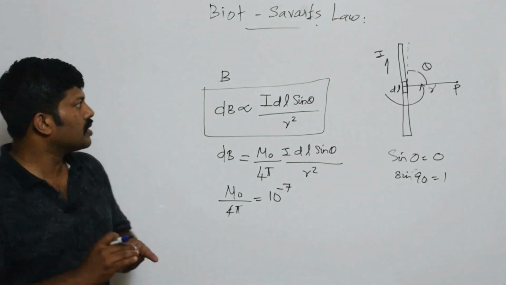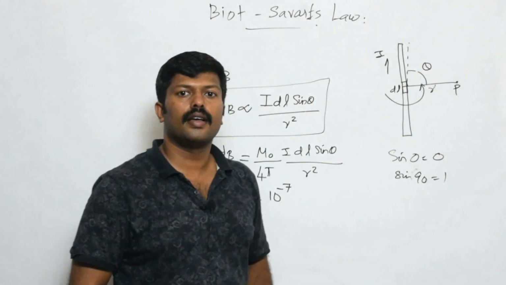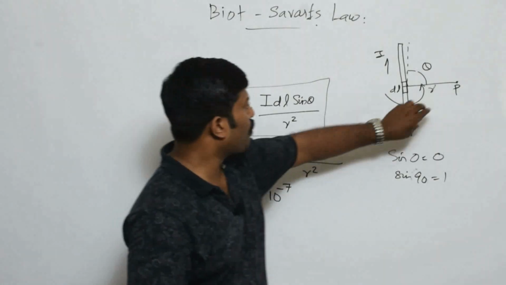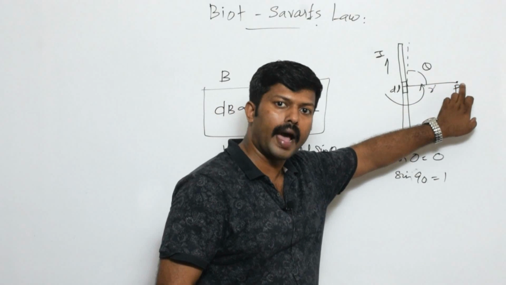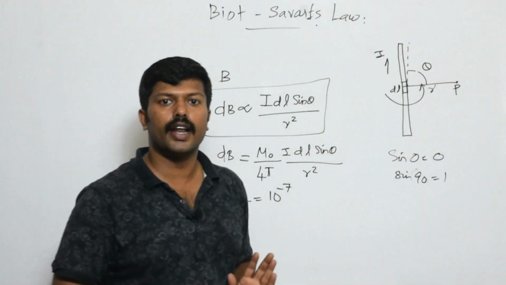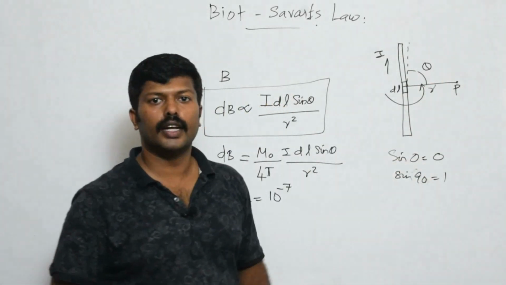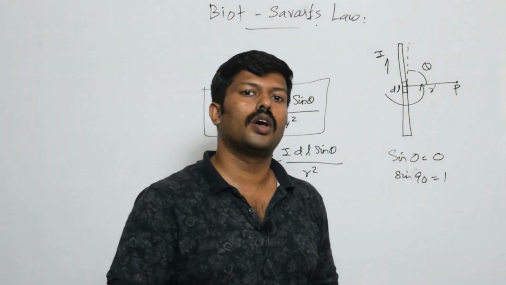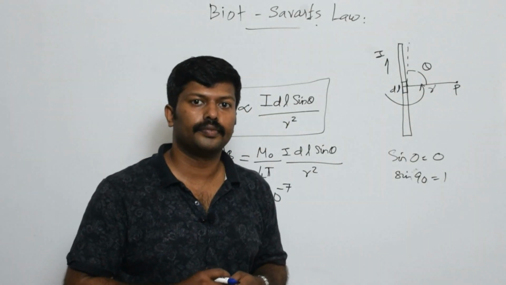Now what happens if the point of consideration, that is the point at which we are finding the magnetic field, is along the direction of the current element? Then the value of theta becomes 0, and in that case there is no magnetic field.